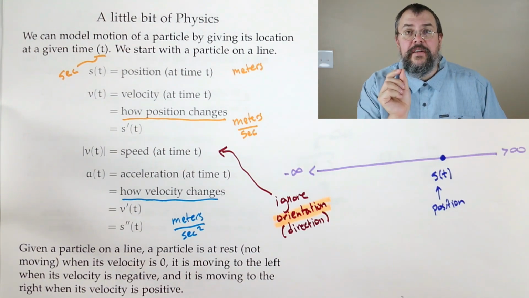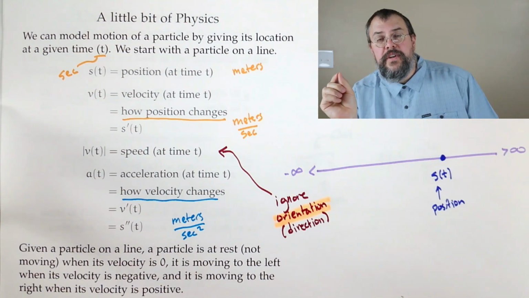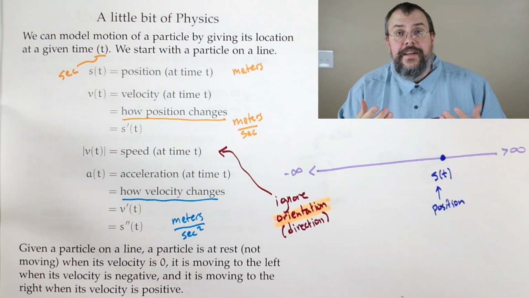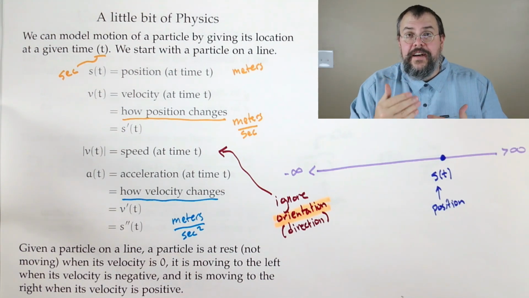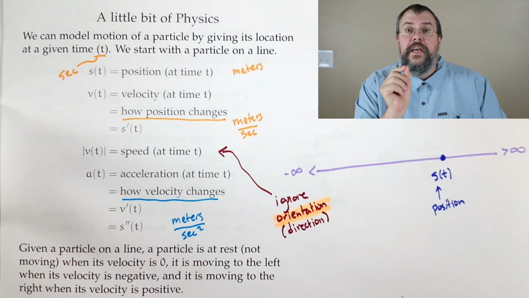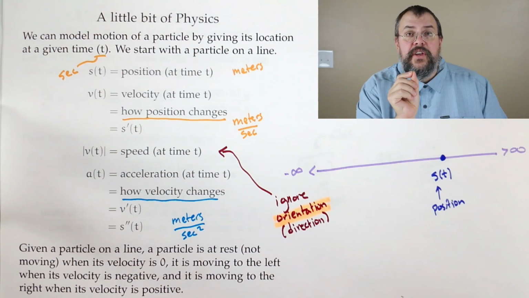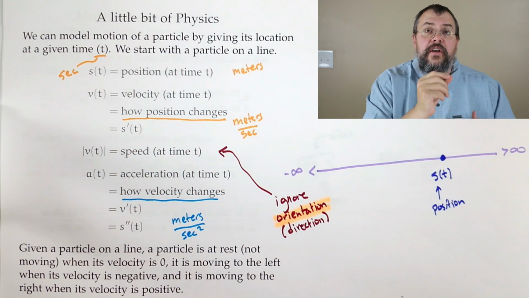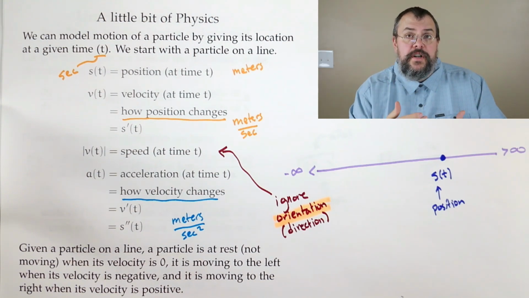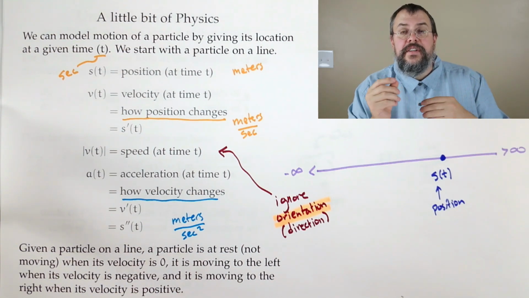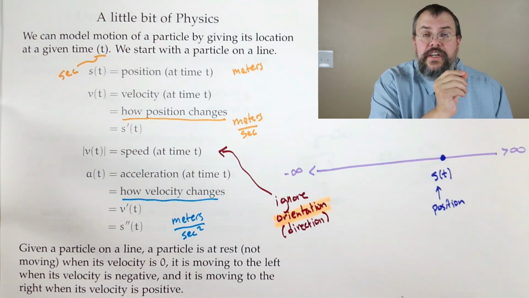Now we have to start making a decision. How do we distinguish between moving left and moving right? The way we do that is we think about the sign of the velocity. If I'm moving to the right, what does that mean? It means my position is increasing. As time is moving forward, position is also going up, so there's this nice correlation occurring.